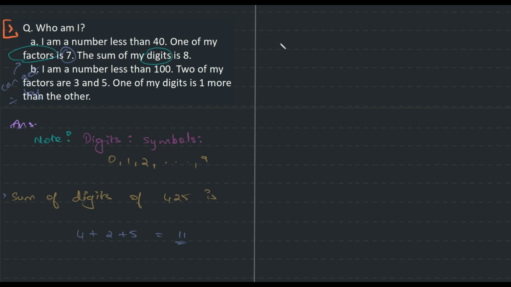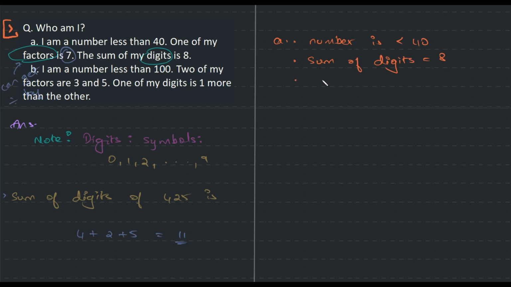Okay, so I am a number less than 40. So the first clue we have is the number is less than 40. Then sum of digits means it is a 2-digit number. Sum of digits is equal to 8.